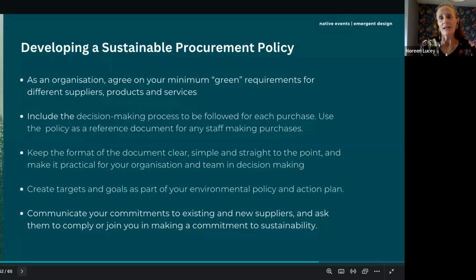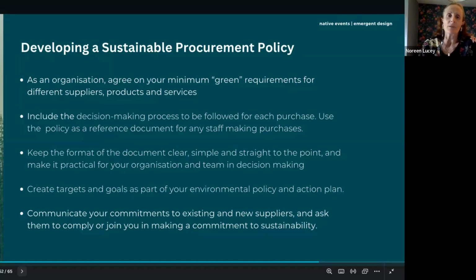If you have that policy, that's the reference document for any staff making purchases, because through busy times you're not going to stop and say, hang on a second, let's think about our green procurement decision-making process. If you have that in a policy, it's easier for staff, they have that reference point, and it acts as a reminder as well.